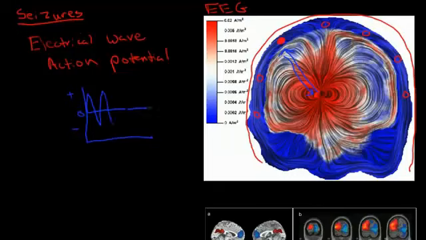Now, this electrode isn't measuring just one action potential. There are a whole bunch of action potentials, and what it is measuring is the average of all the movements of these action potentials that are taking place in a given moment. Here we're looking at time, and here we are looking at voltage changes to the positive or negative side.